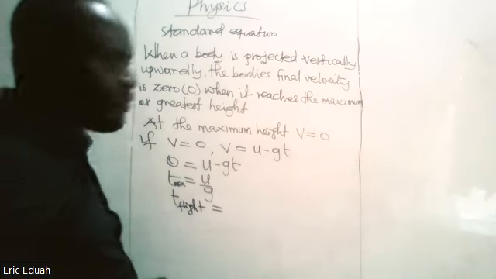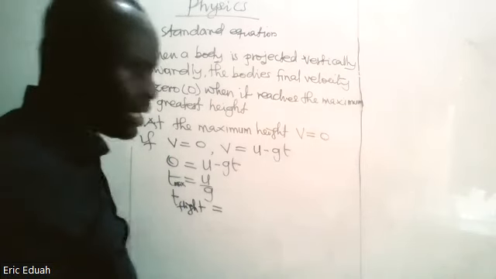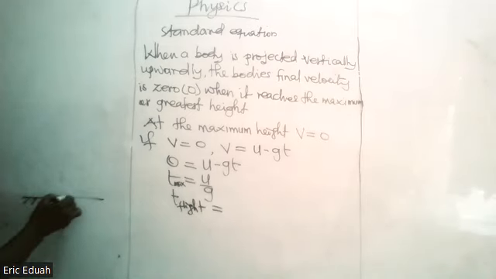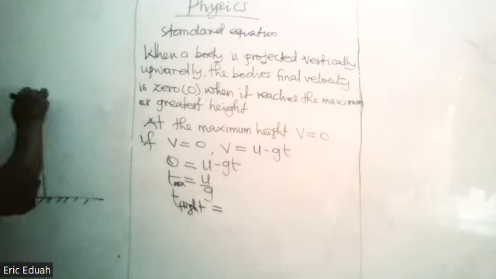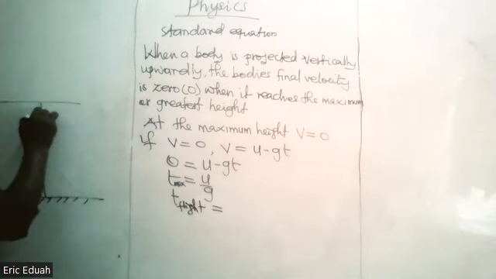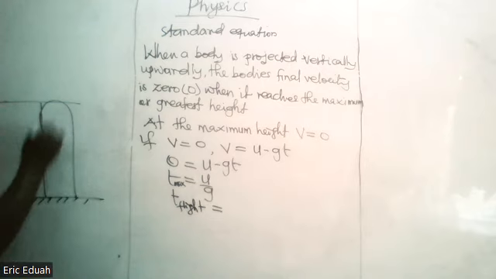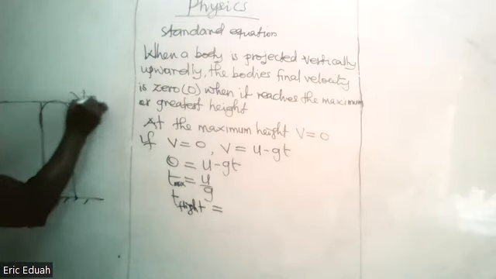And for the sake of those of you who are not here, if a body is thrown from this level, when it gets to the maximum height, it has to return. At the maximum height, V is 0.